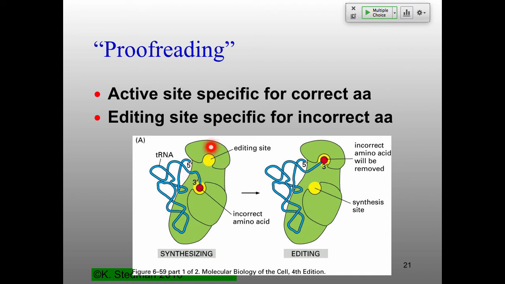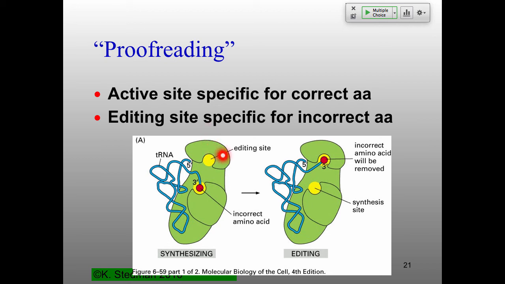So there are two different enzymatic sites here. This is above and beyond the aminoacylation step, where this potentially wrong amino acid can get cut off. And so it's a lot like what happens in terms of the DNA polymerase. If there's a slight problem, that then can get chopped off.